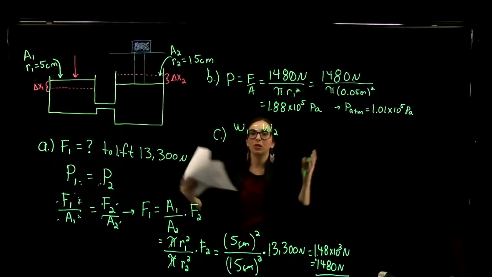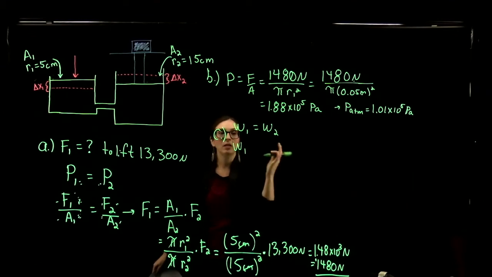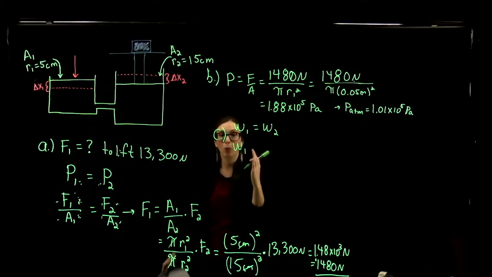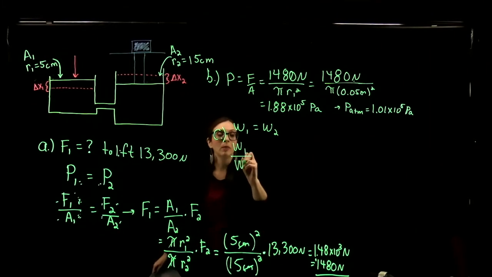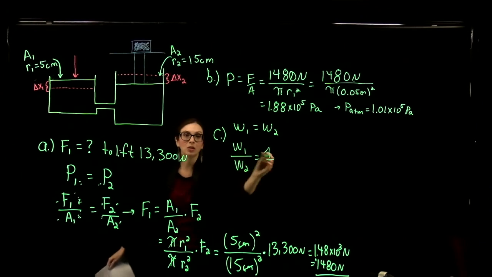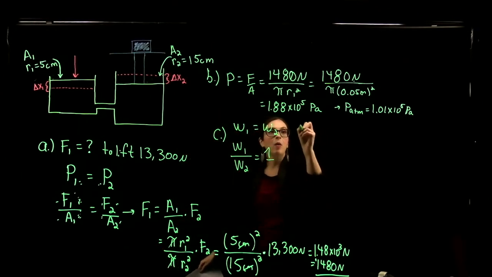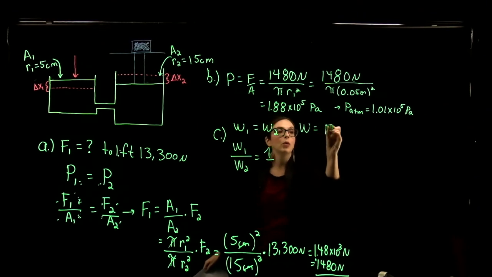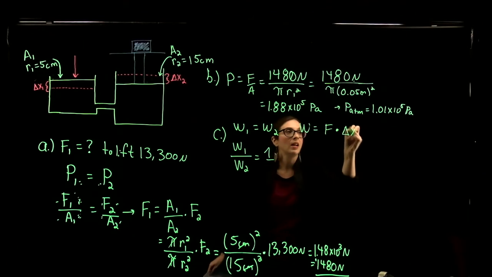So in order to show that they're equal to each other, you could also say that the ratio of the work done by the input piston divided by the work done by the output piston is equal to 1. So if they're both the same, their ratio is going to equal 1, okay? So remember, we can say that work is equal to a force times a distance. So I'm going to write this as F times delta X.